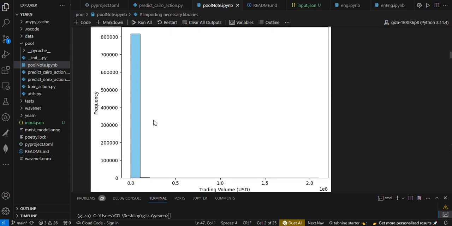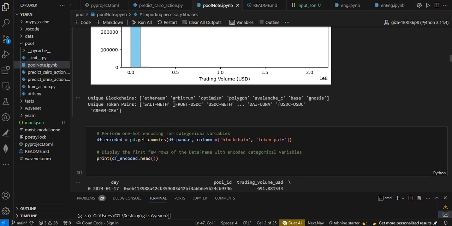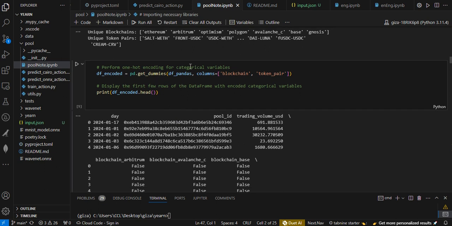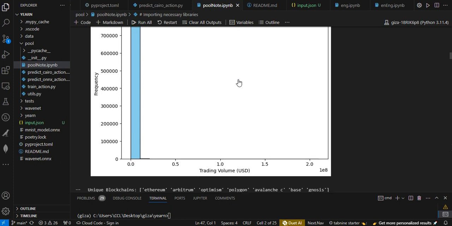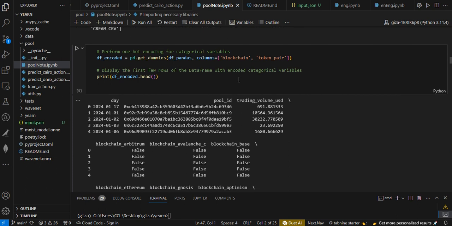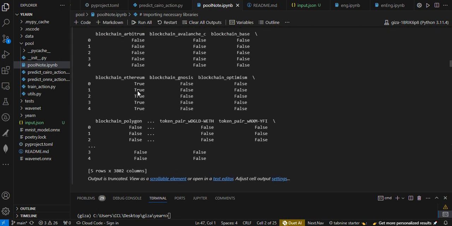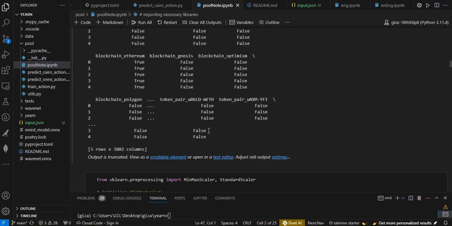And the distribution of trading volume looks quite good. We perform one hot encoding for the categorical variables, which were the blockchain and the token pair.